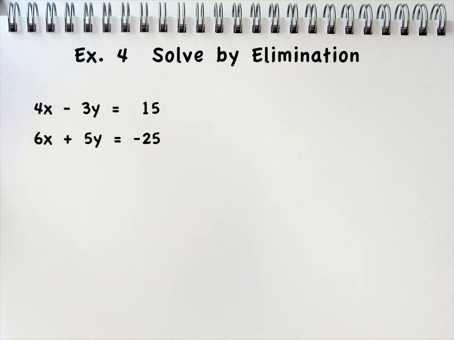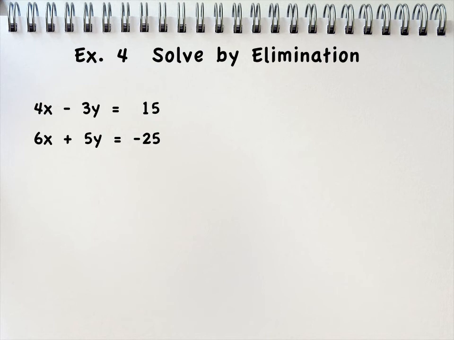Let's look at one last example. Here we have 2 lines in standard form, but there is nothing I can multiply the top equation by to eliminate the x's or the y's. So I want to think, let me focus on my x's. 12 would be the common multiple of my x terms, right?